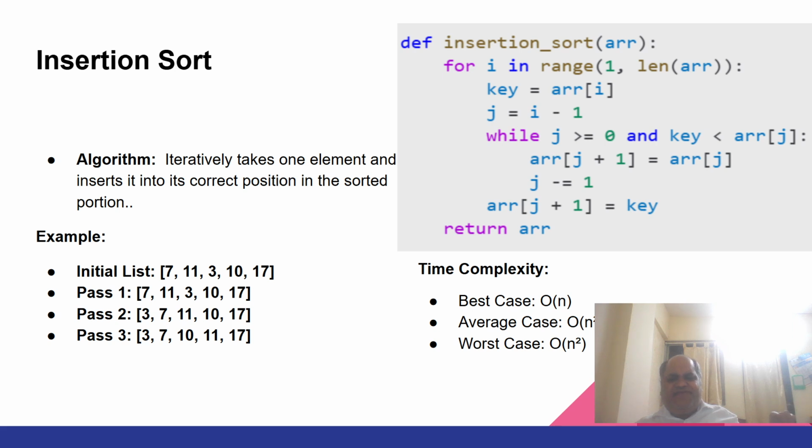And then from there on, as long as j is greater than or equal to 0, and your key is still less than the element at j, it will keep swapping and going down, and eventually it will place the item and then return the array, right? So this is interesting, and can be one of the relatively better ones out of these three.